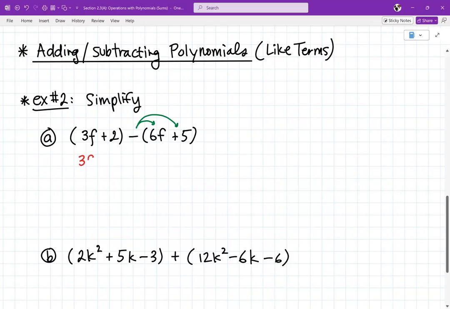This is 3f plus 2, a minus 6f, and a minus 5. Because notice 6f and 5 were positive, but a negative is going to change their signs. Now I'm just going to combine my like terms. So I have 3f minus 6f, that's negative 3f. And then 2 minus 5 is negative 3. And I'm done.